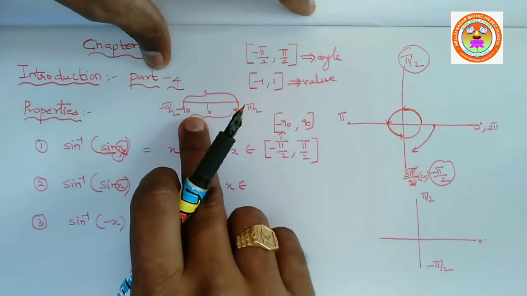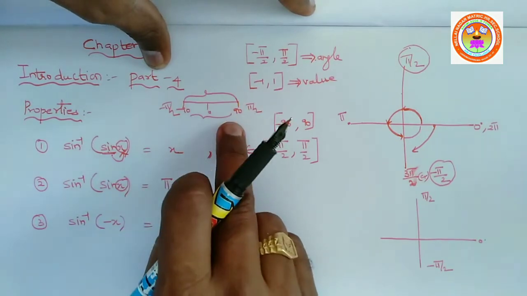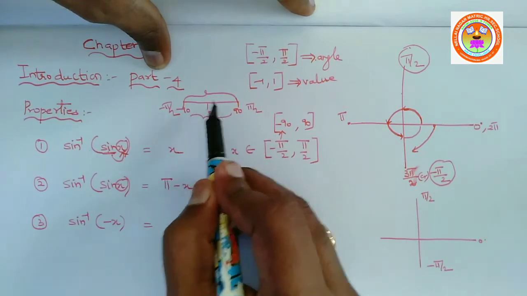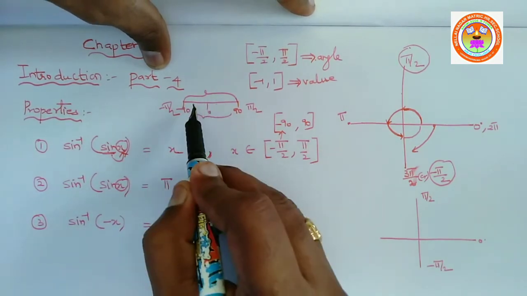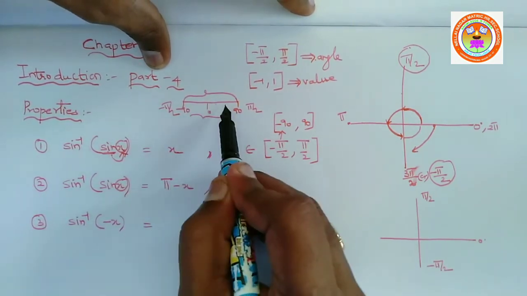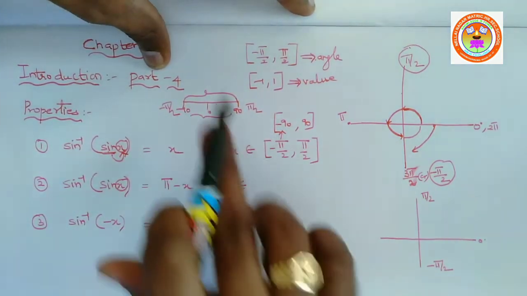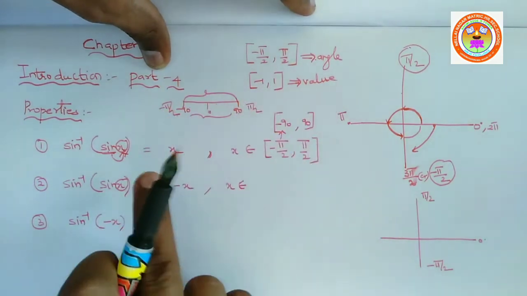We can say minus 45, plus 45, minus 60, plus 60, minus 30, plus 30, minus 90, plus 90. In between these values we can write the straight answer.